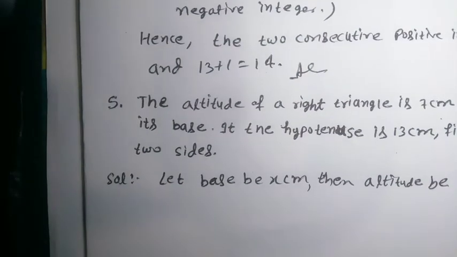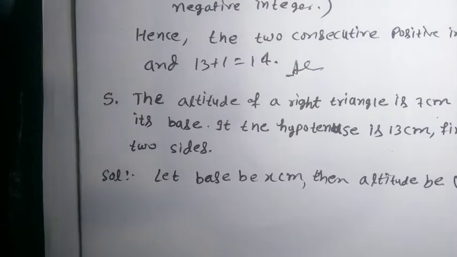Now by Pythagoras theorem, we know that base square plus altitude square is equal to hypotenuse square.